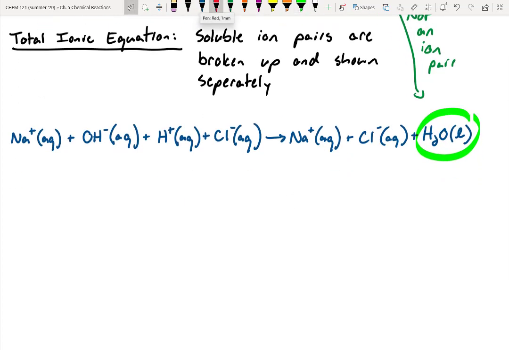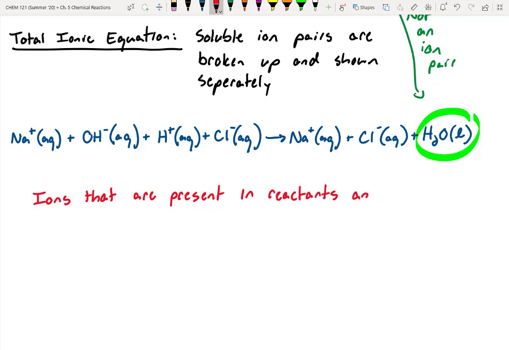Okay, this brings me to my next point. Ions that are present on both sides, meaning they're present in the reactants and products, aren't really doing anything.